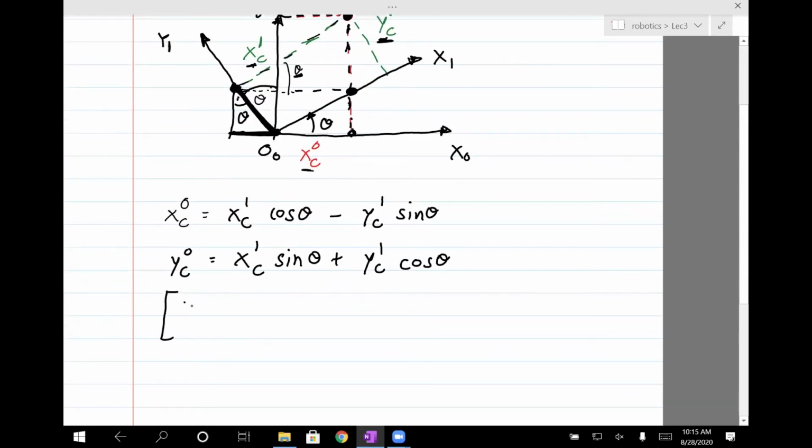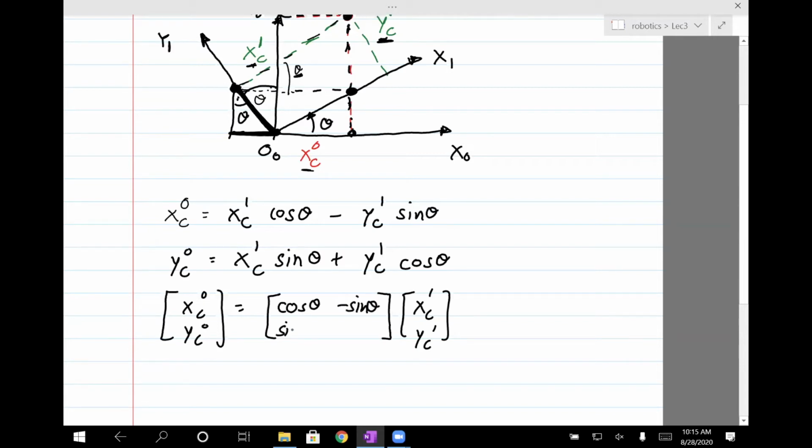Here is how I can write this same formula more compactly: xc0 equals a matrix times xc1 yc1, and that matrix is cosine theta, minus sine theta, sine theta, cosine theta.